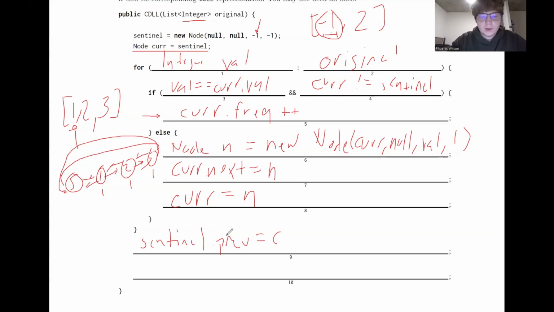That's going to be equal to the current node, which is at this point, this last node in our CDLL. And then we update the current node's next pointer to be the sentinel. And this ensures we have that nice circular topology to our CDLL. And note that you can commute the order of these lines because at the end of the day, they're referring to the same objects, regardless of the order. Cool. Let's move on to the next question.